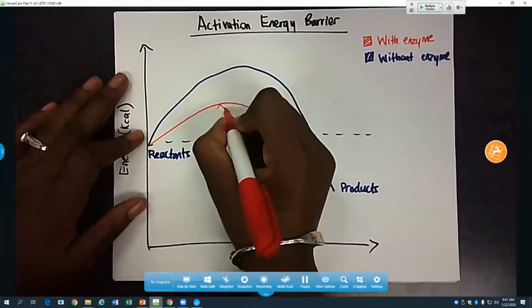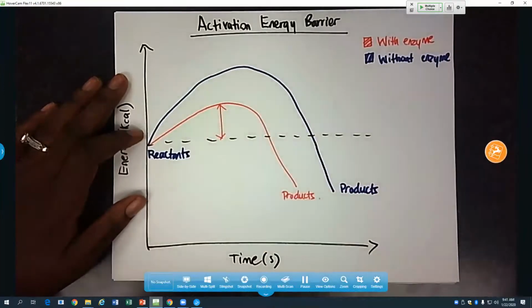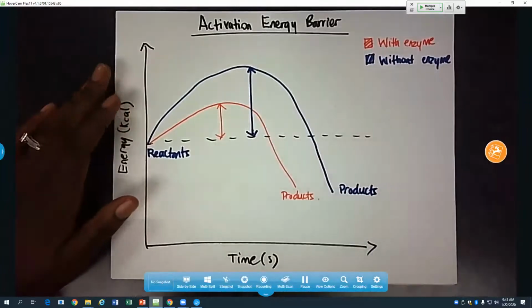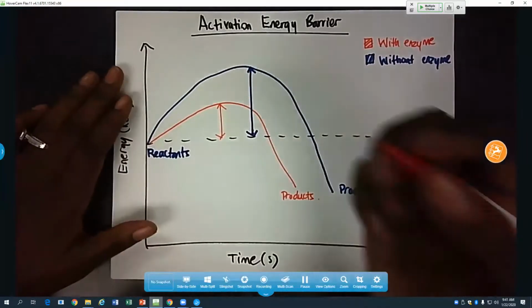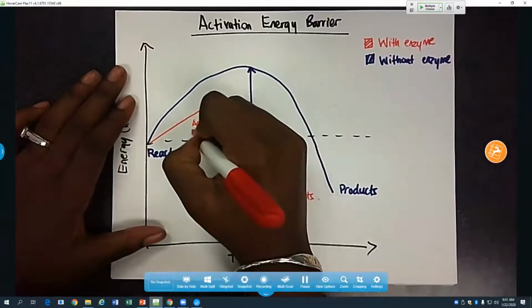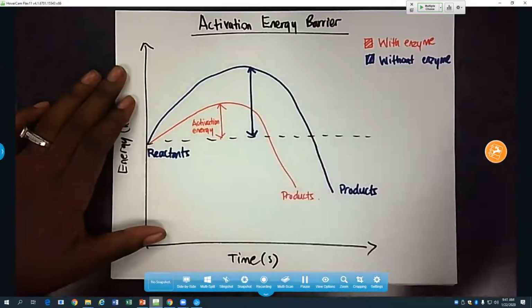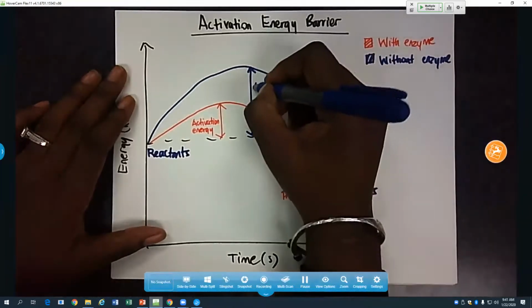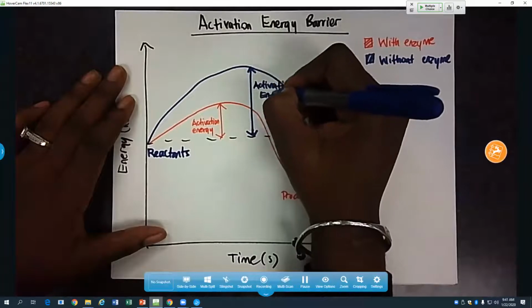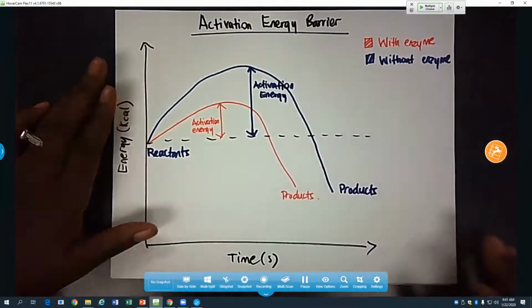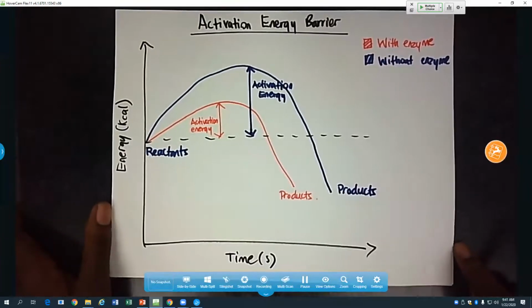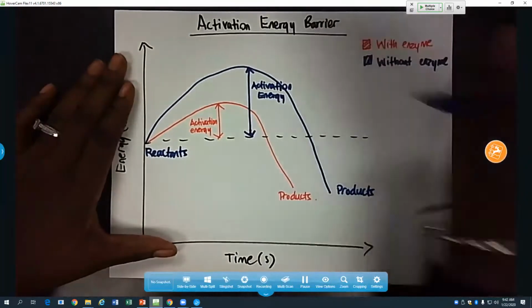Okay, so as you can see here, the enzyme lowers the activation energy that is required for this reaction. All right, so this is the activation energy. So that's the first thing that the enzyme does. Right, it lowers the activation energy. So I'll put that over here.